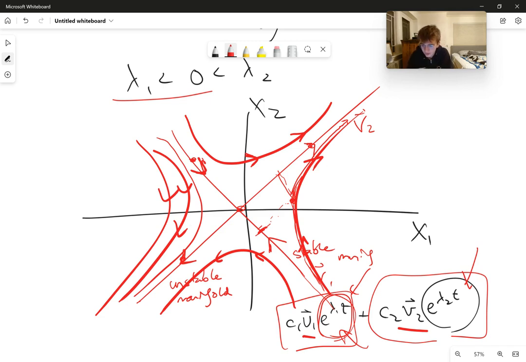The derivation of why this actually works is due to the projections onto the manifolds, but it's much better in practice to just memorize that if I have a saddle, I can just look at the directions of the manifolds and automatically see how it's going to flow. So hopefully that's clear.